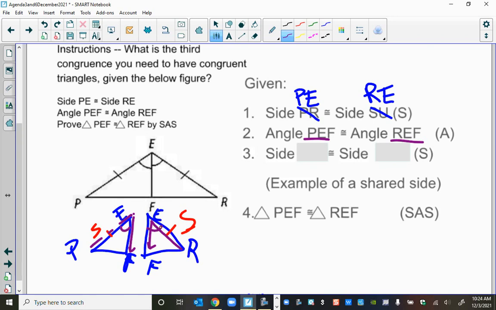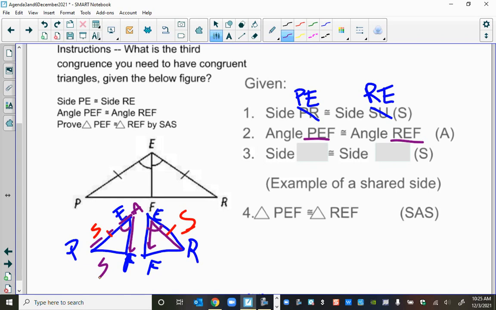So they gave us a side, and they gave us an angle. So what's left? Well, what do we want? What's our goal? We want a side. So what side? Well, be careful. If we put the side here, is that SAS?